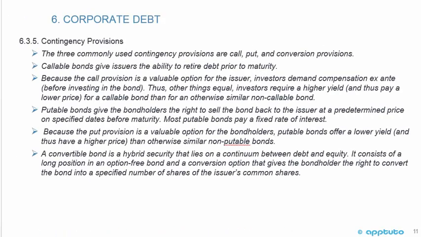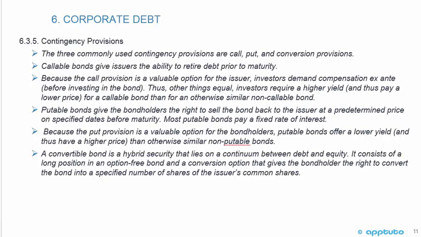So continuing with our corporate debt, now we're moving into the contingency provisions. Again, we've looked at this in a previous LOS, so this should be a little bit of review, not new to us, if we're doing things in order and in sequence. The three commonly used contingency provisions are call, put, and conversion provisions. Callable bonds give the issuers the ability to retire debt prior to maturity.